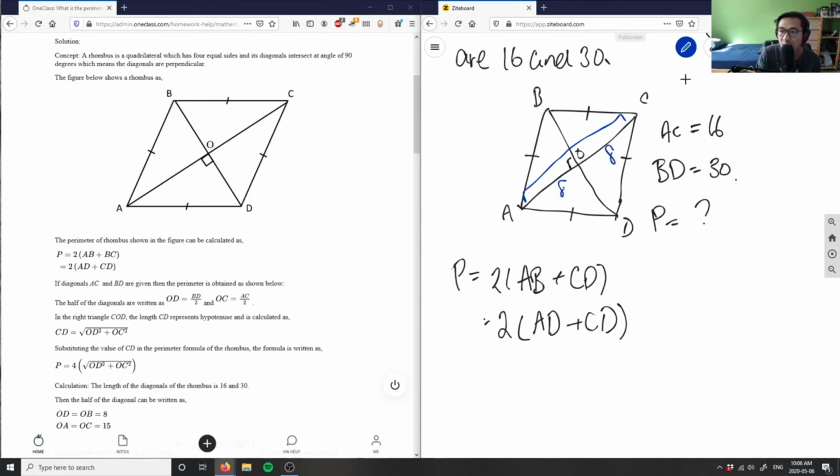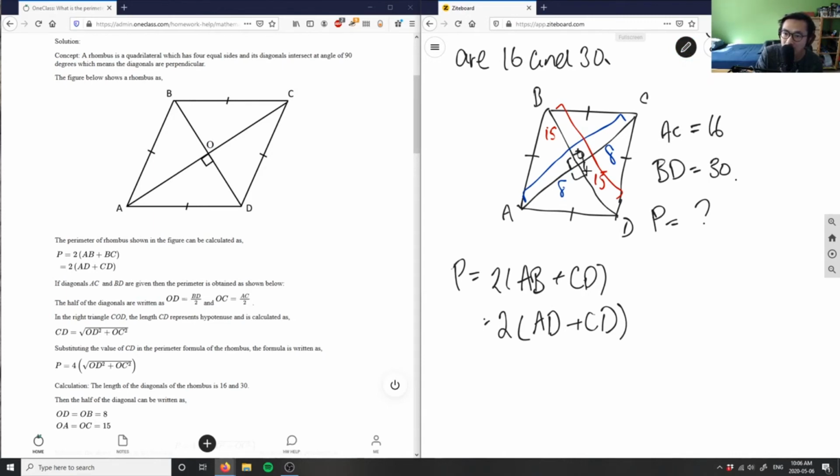Then from B to D, the entire length is 30. If we divide it by 2, we have 15 on one side and 15 on the other side. Remember, these all make right triangles.